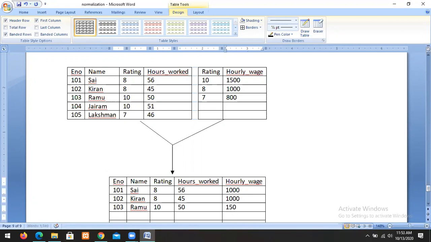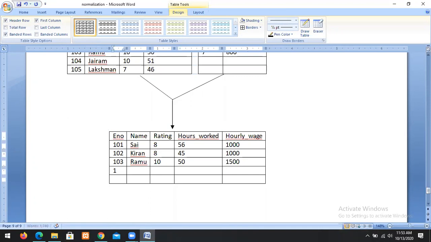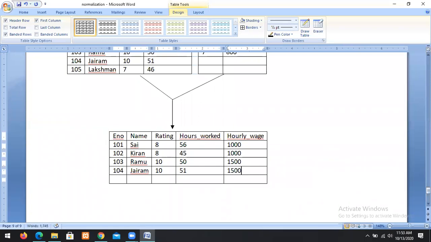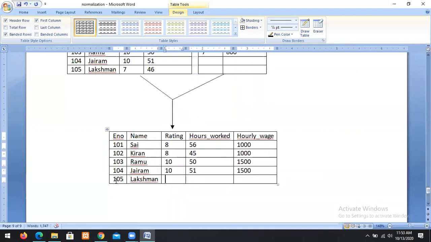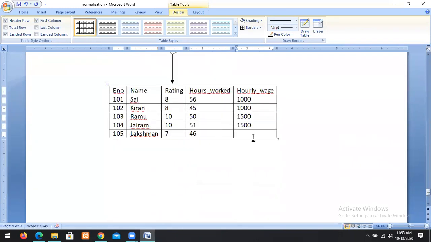Then we have the matching row. Again, 104, Jerome. Rating is 10. 51. The value is 1500. 105, Lashman. Rating is 7. Number of hours 46. The matched value is 7.